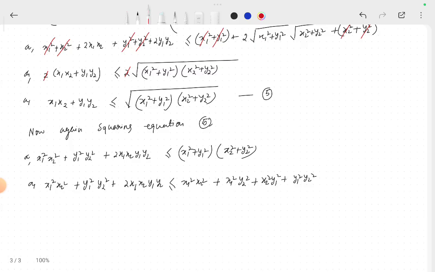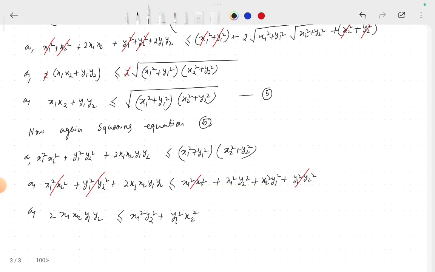Again comparing both sides, x1 square x2 square and y1 square y2 square cancel each other. So what do we get finally? 2x1x2y1y2 is less than or equal to x1 square y2 square plus y1 square x2 square.